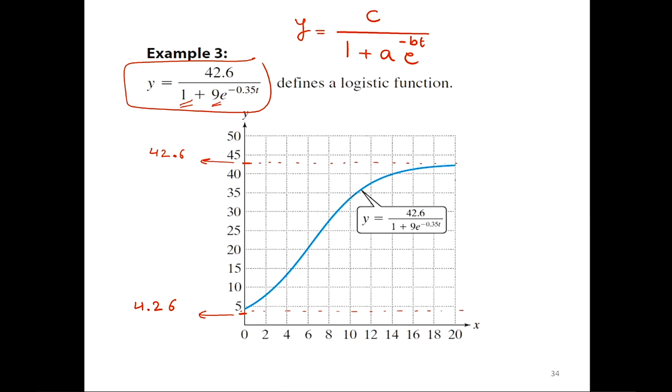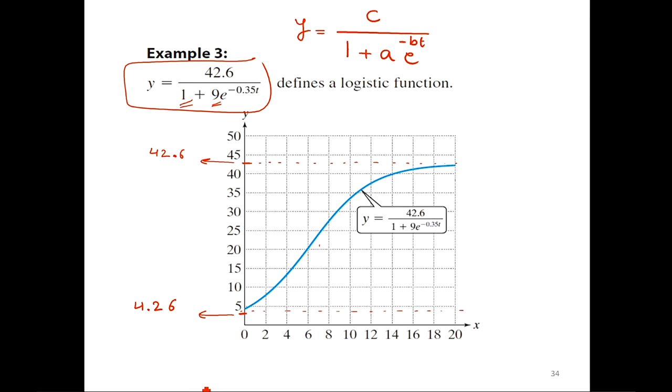But if B is big, we have a curve like this, and B is larger.